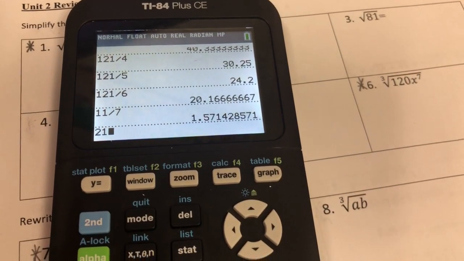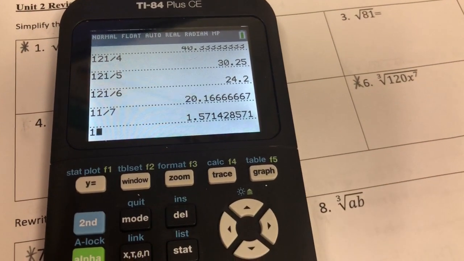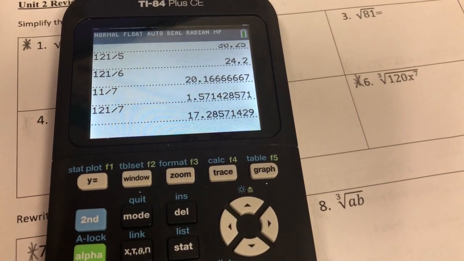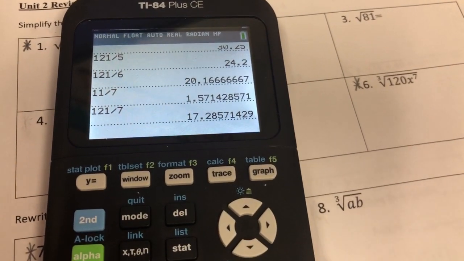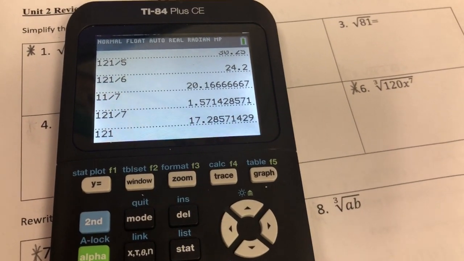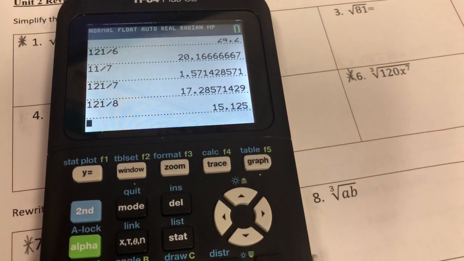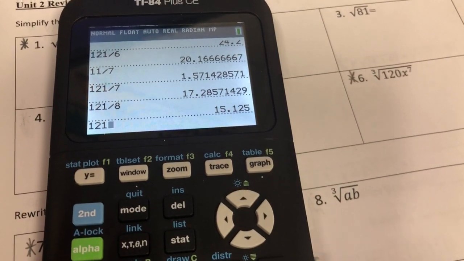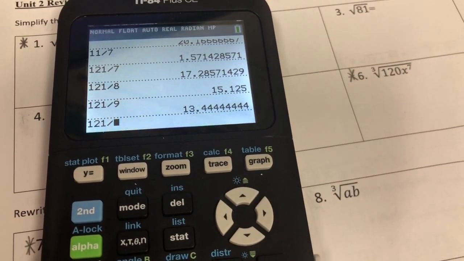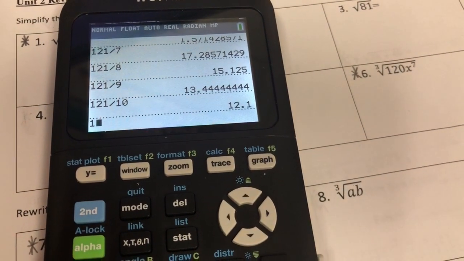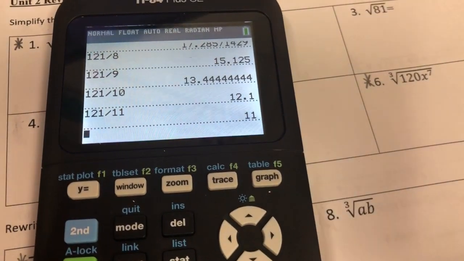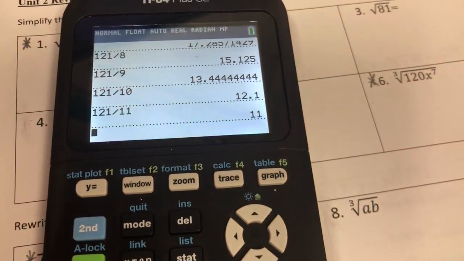Typed it in wrong. 7 is not it, so I'll keep going. I still get a decimal. So 121 divided by 8. Still a decimal. Still a decimal. Still a decimal. And there's our first whole number.